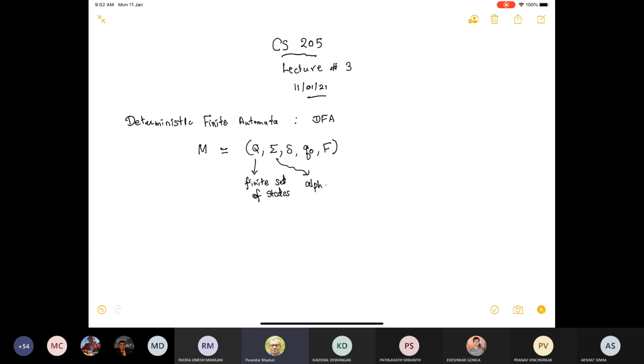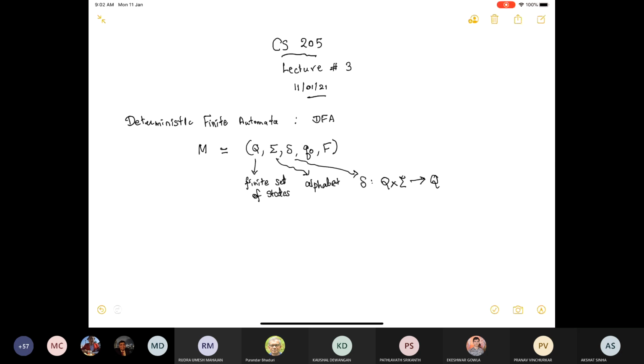And remember, an alphabet is always a finite set. Delta is the transition function. And you must remember that because it is a function, for every state and every symbol in the alphabet, there is a next state.